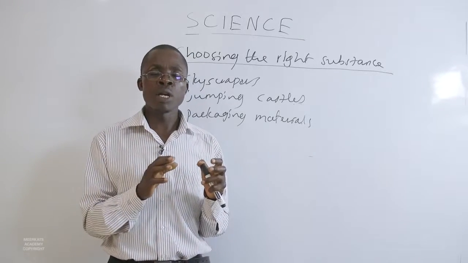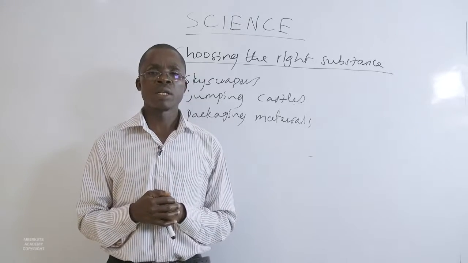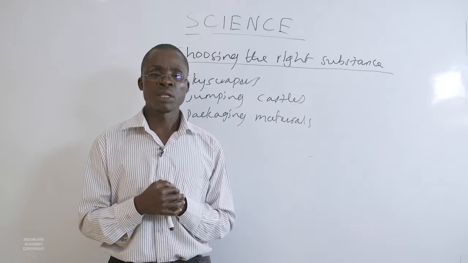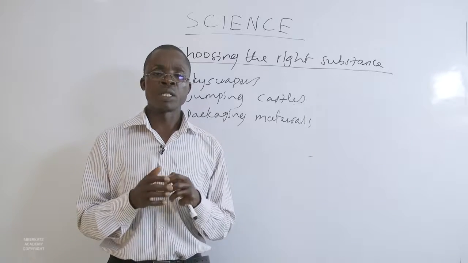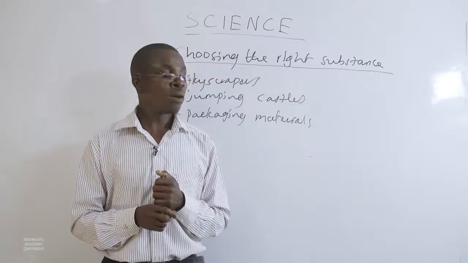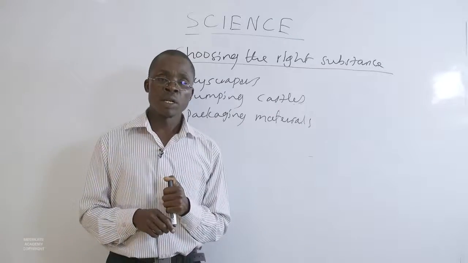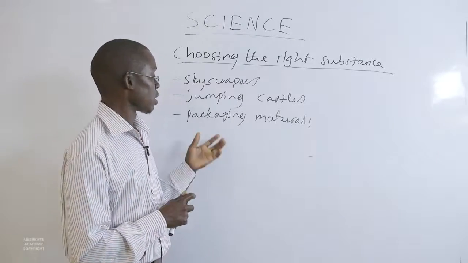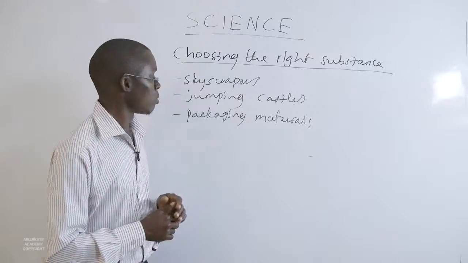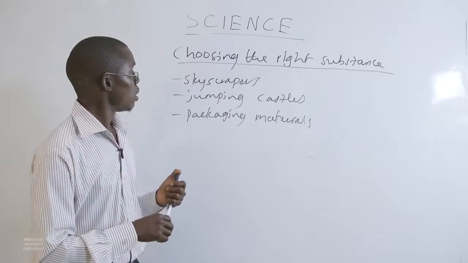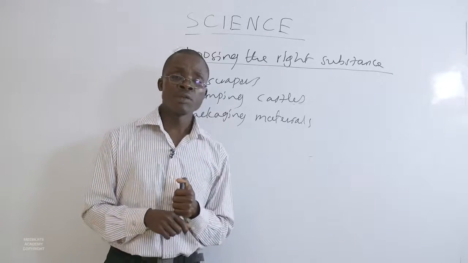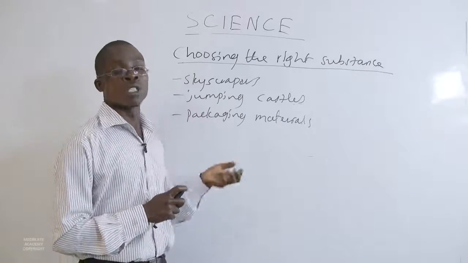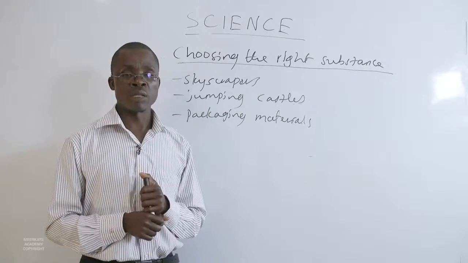That's what will make you either cry or smile. Packaging materials, the plastics, are a nuisance if not well managed, but if well managed, they become very good for us. However, not very good, as we shall see in further explanation. So let's go back to our first aspect of analysis to see how choosing of materials is very important.